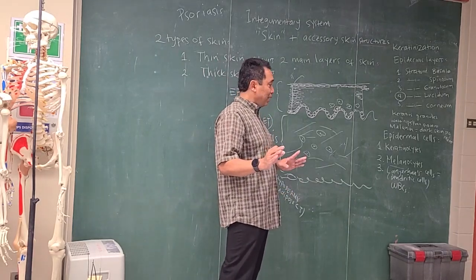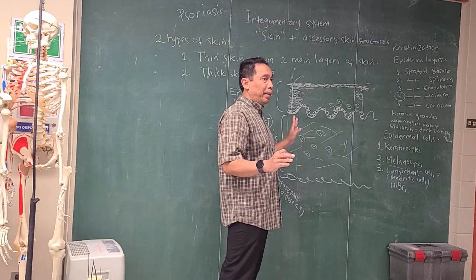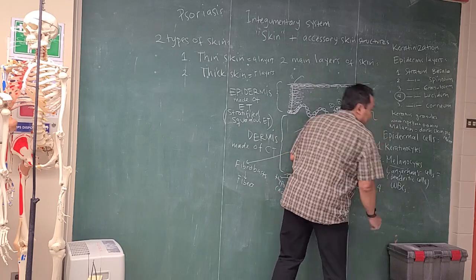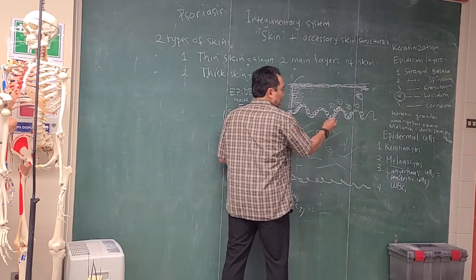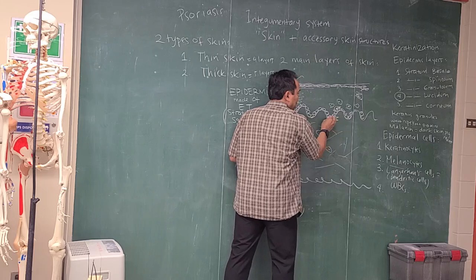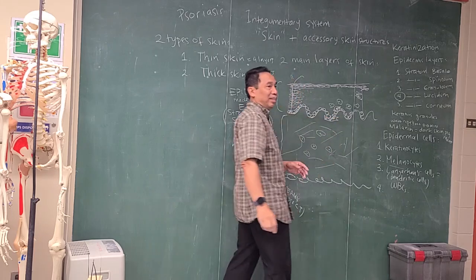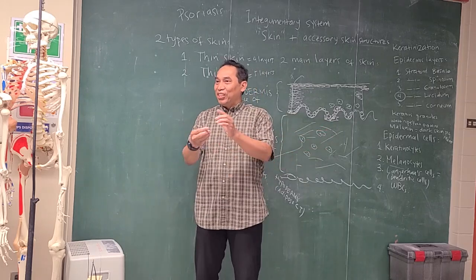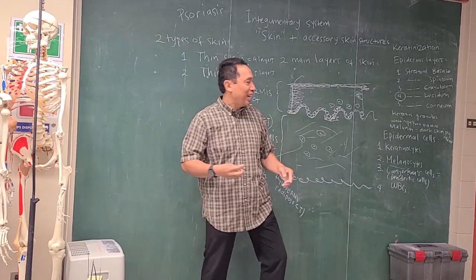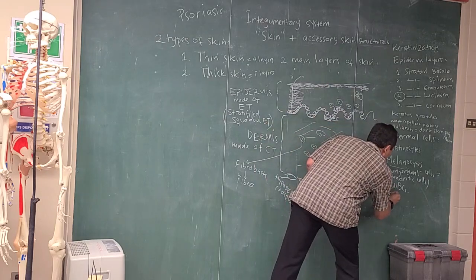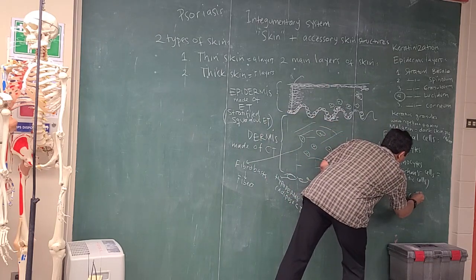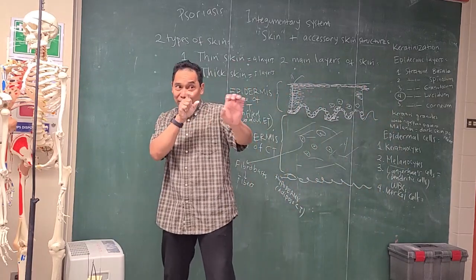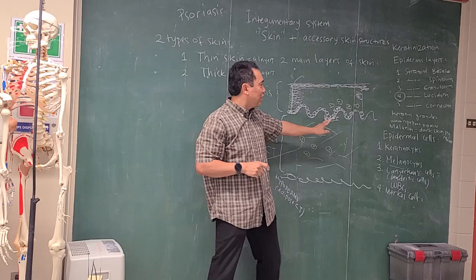That's the third type of cell in the epidermis. The last one is a special cell at the bottom of the stratum basale, and that cell is connected to your sensory system. That cell is called the Merkel cell, because it is touched by your sensory system.